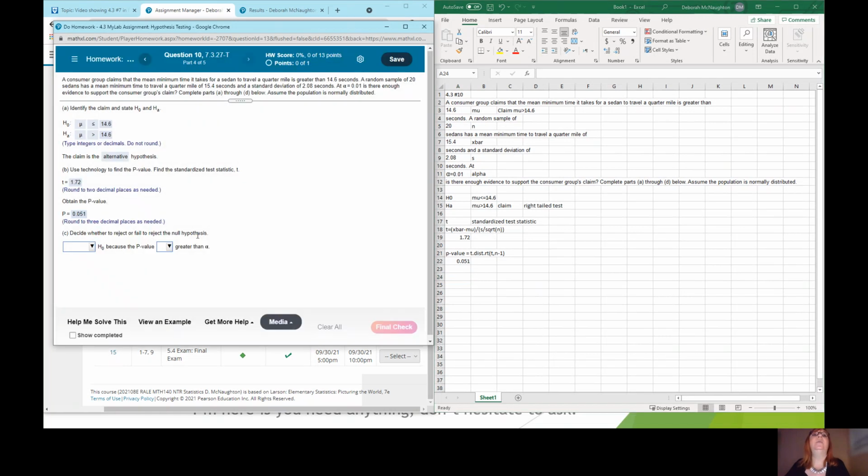Okay, and then decide whether to reject or not. So we reject H naught if P is less than alpha.